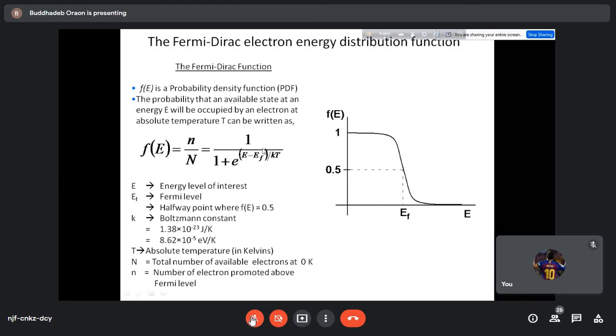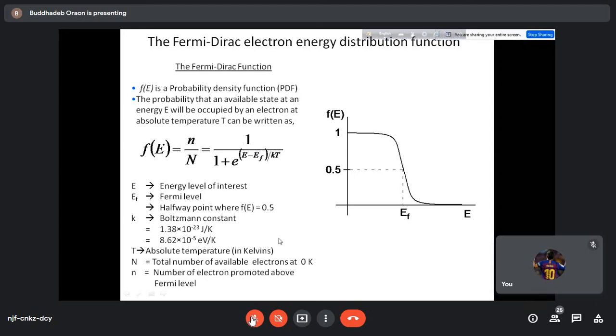The electrons which have energy above the Fermi energy level are called free electrons, and they take part as charge carriers. That is the concept of free electrons.